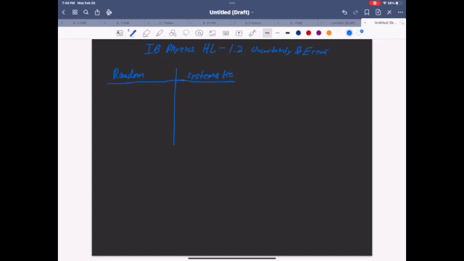We'll fill out the random errors section first. Random errors are caused by fluctuations in measurements, and those measurements are spread around a certain value.